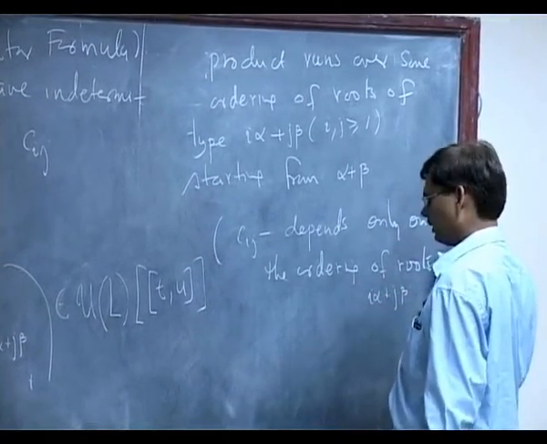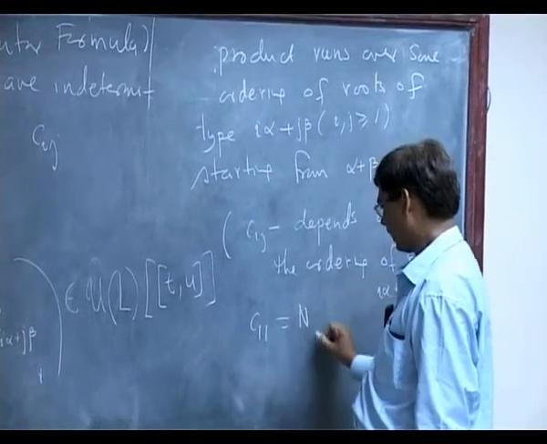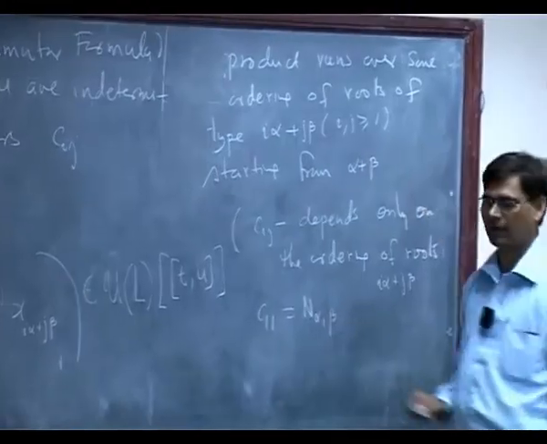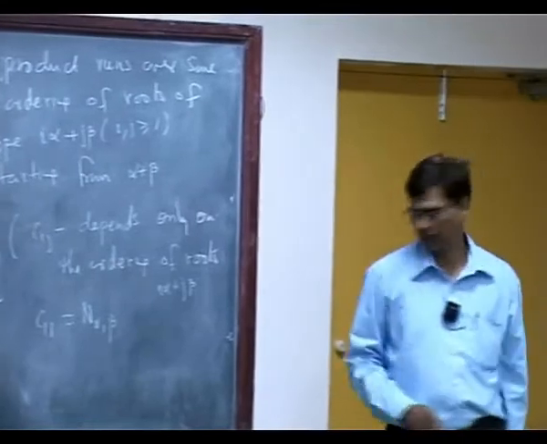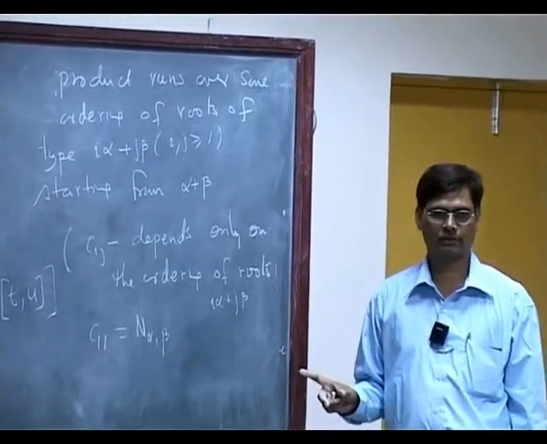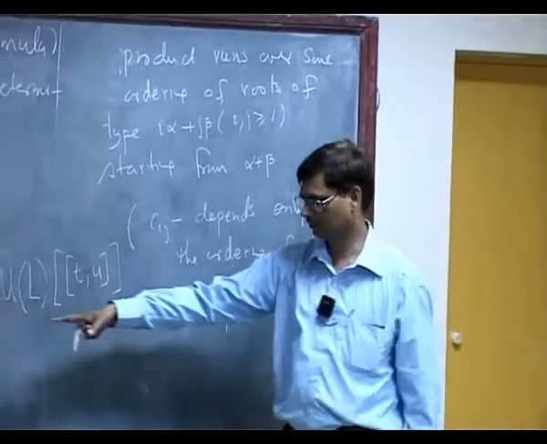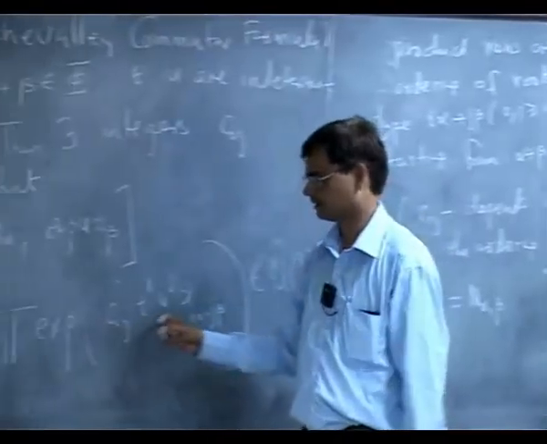And further, C11 is N alpha beta. You remember N alpha beta? N alpha beta is what? Plus or minus r plus 1. So C11, the first integer, is precisely this.